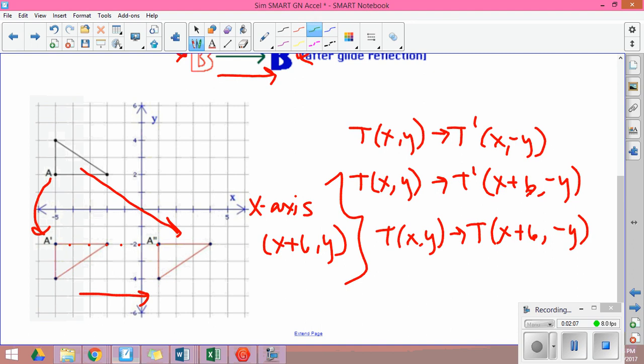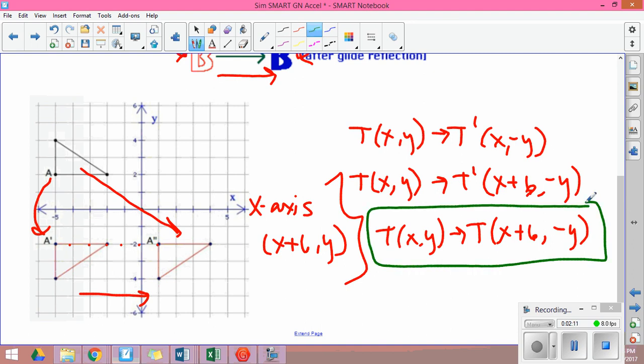Not all composites can be written as a single transformation, but by examining and testing, after you write the rule, you'd want to look at B, which is at (2, 2), to B double prime, which is at (4, -2), and make sure that if you run it through this rule, it actually works.